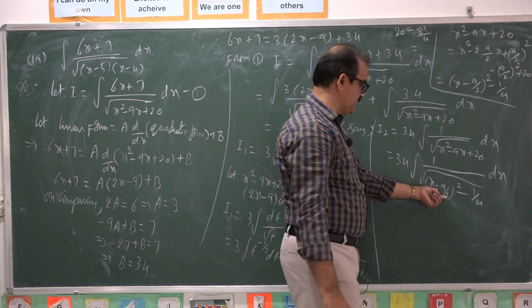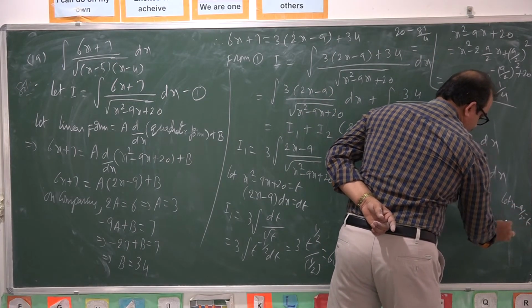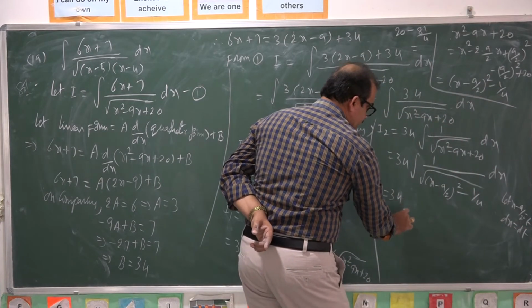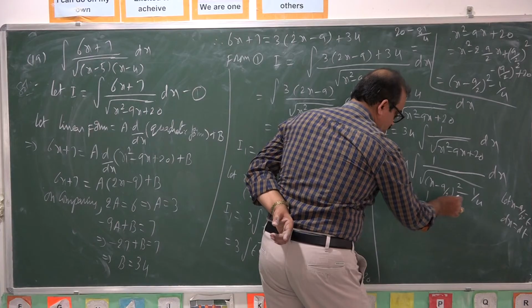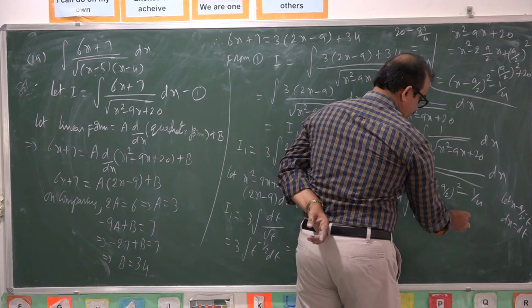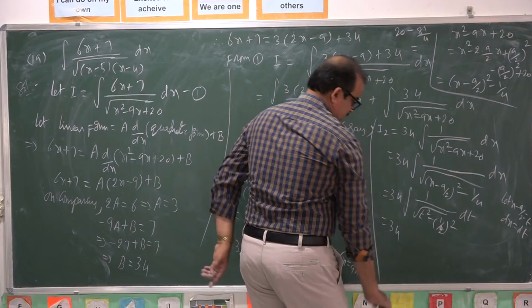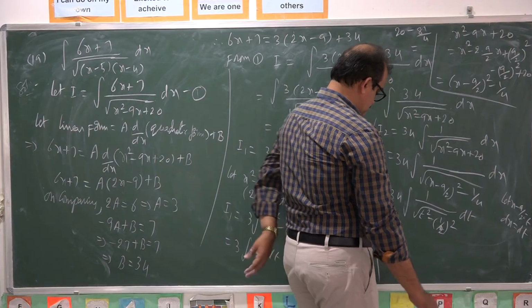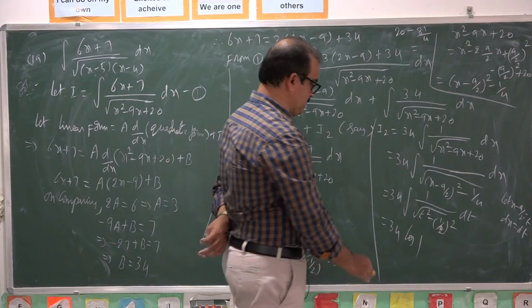Let x minus 9 by 2 is equal to t. Derivative on both sides, dx is equal to dt. So it becomes 34 into integral of 1 by root of t square minus 1 by 4, taken as 1 by 2 whole square, into dt. It is in the form of integral 1 by root of x square minus a square. Apply the formula, that is log of mod x plus root of x square minus a square.